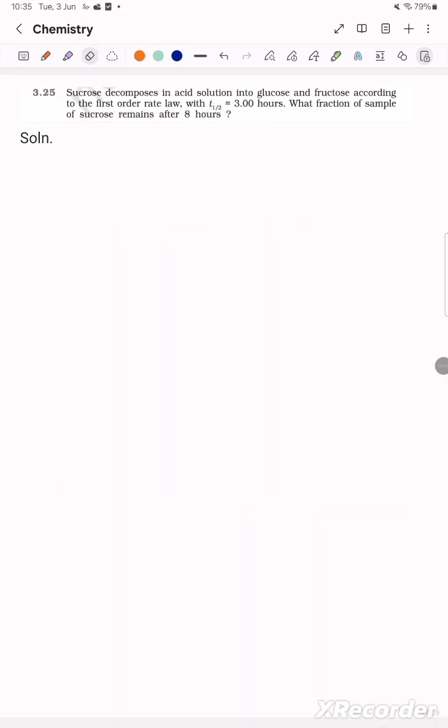Next question is, sucrose decomposes in acid solution into glucose and fructose according to the first order rate law. With t half 3 hours, what fraction of a sample of sucrose remains after 8 hours? So we have to calculate the fraction of the sample of sucrose after 8 hours, and the reaction is first order.